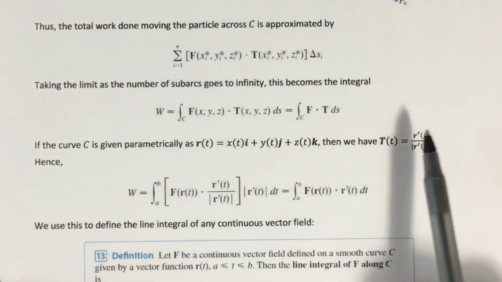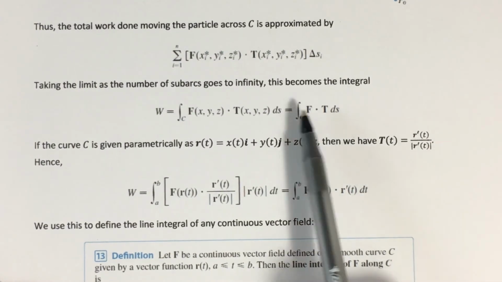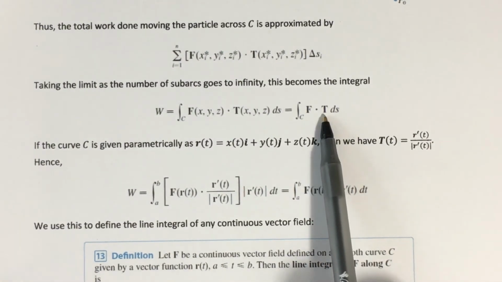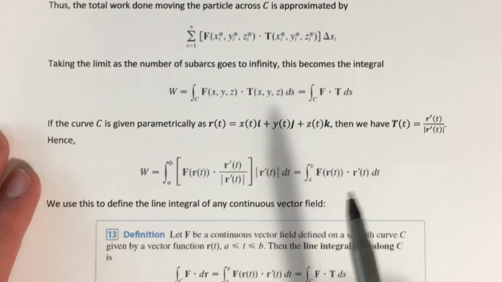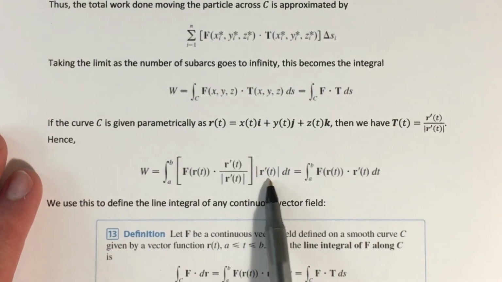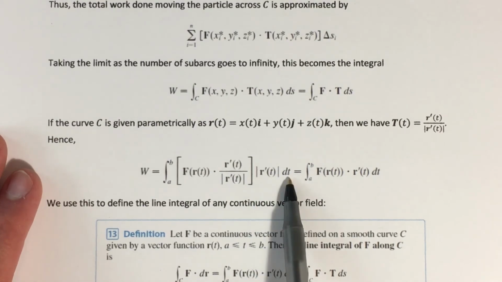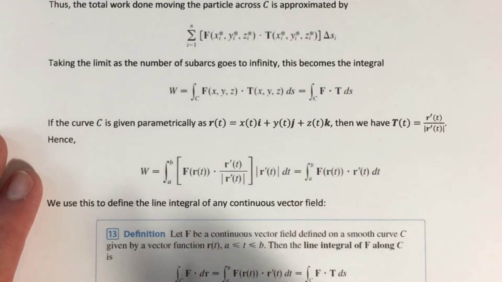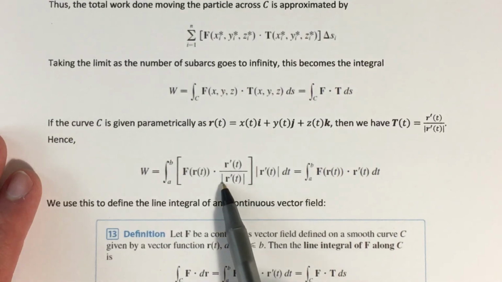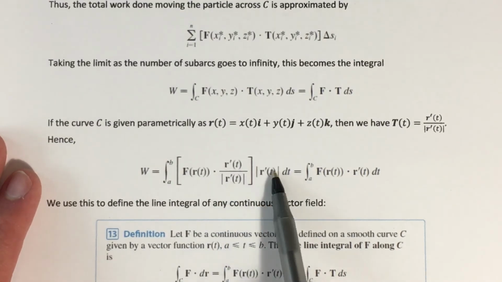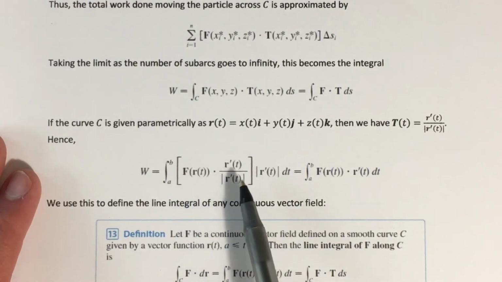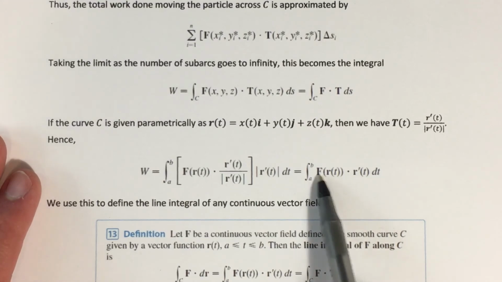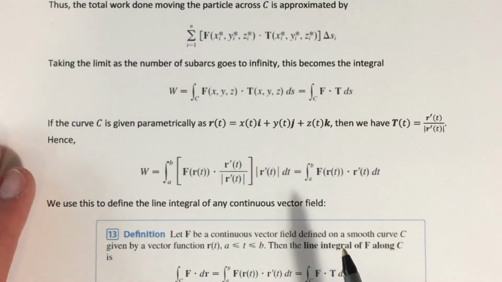Okay, so if I make this substitution for T right here, and then in addition to that, if I use the fact that ds is the same thing as the magnitude of r prime dt, so I make that substitution for ds as well, you may notice that I get some cancellation happening here. The magnitude of r prime cancels with itself up here, leaving me with F of r of t. Well, I can write that here, F of r of t dot r prime.